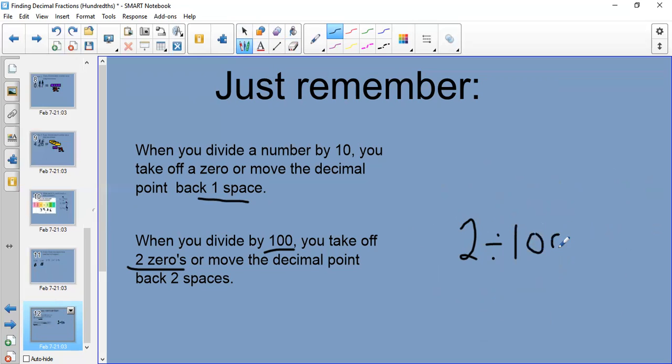You're just moving the decimal point back 2 spaces, 1, 2. And you put the point here and you just need to remember your placeholders, 0 and 0. So 2 divided by 100 is 0.02. And as a fraction, it's just 2 over 100.